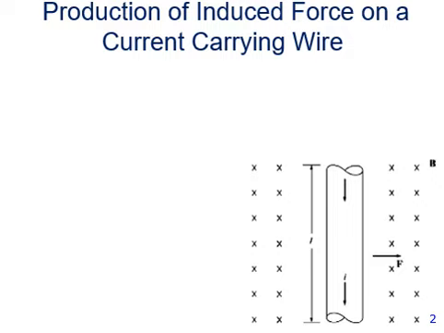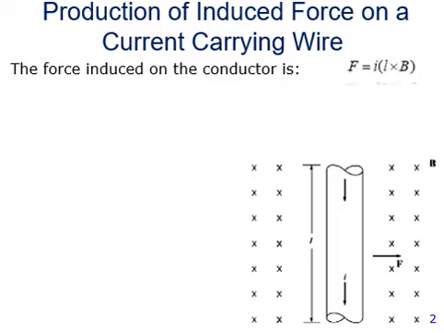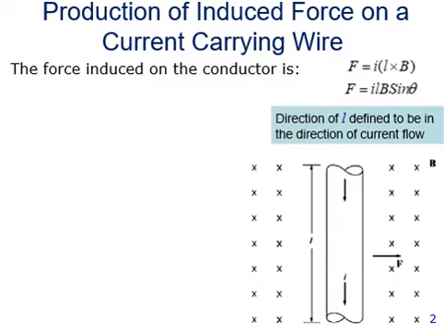the production of induced force on a current carrying wire. As the current passes through a wire, a force is induced on that conductor or wire, and that force would be directly proportional to the current and length of that conductor, and there would be a relationship, as you can see in the slide.